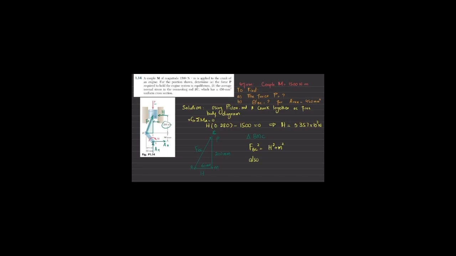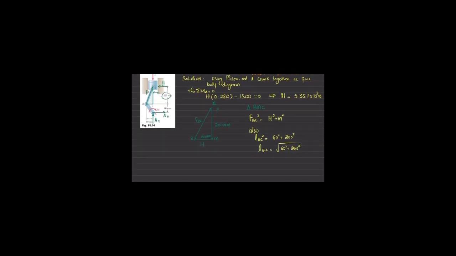Also, if you want to find the length, length of BC square is equal to 60 square plus 200 square. So from here LBC will be equal to under the root 60 square plus 200 square, and you will get length of BC will be equal to 208.81 millimeter. So this is the length of this rod BC.